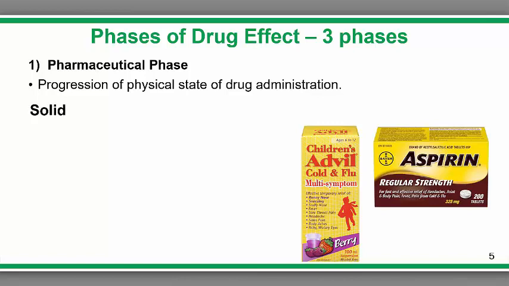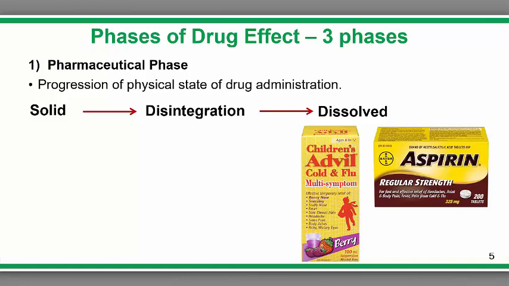If we take a look at solid drugs, either in pill or in capsule form, we know that for the tissues to obtain the medicinal ingredient in the drug, the solid must undergo disintegration, and following disintegration, which is a breakup of the chemical bonds holding that structure together, it can then dissolve within the cardiovascular system and then move to the tissues that will use that drug.